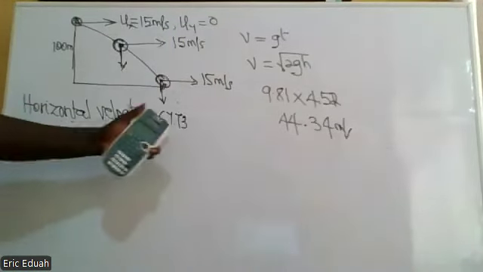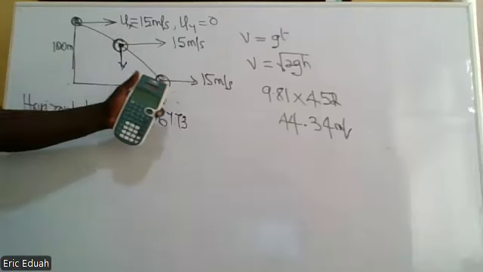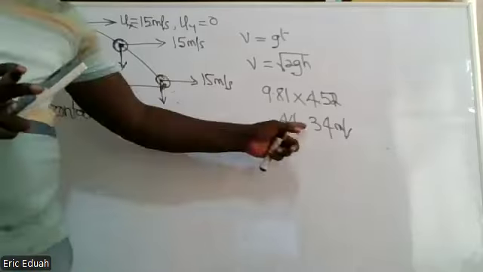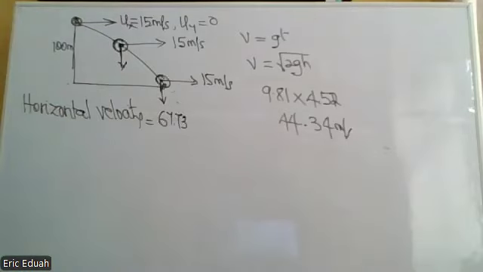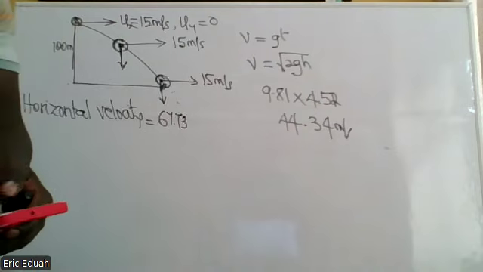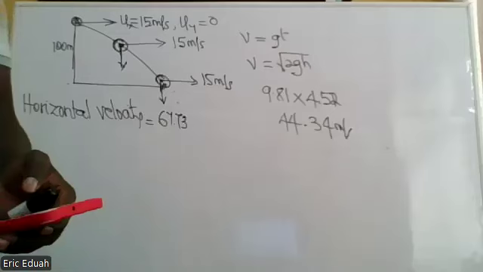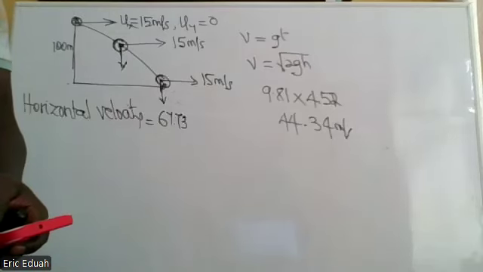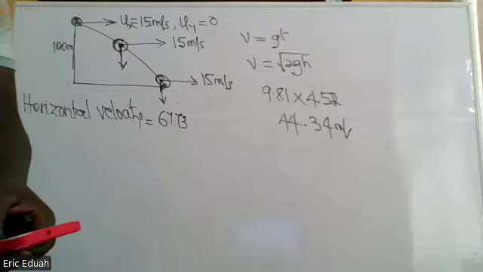So horizontal velocity constant 15 meters per second, and the vertical velocity will be this. Then the third question is the resultant. Hello, I wasn't able to understand because I had network issues.